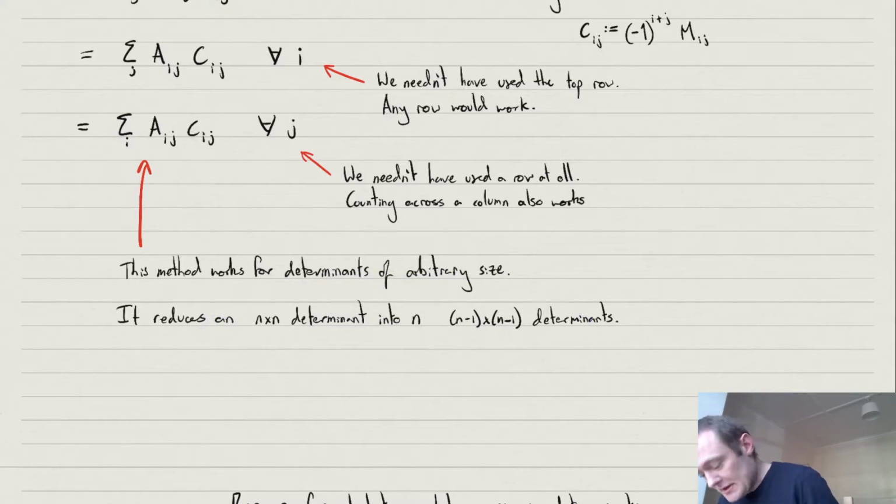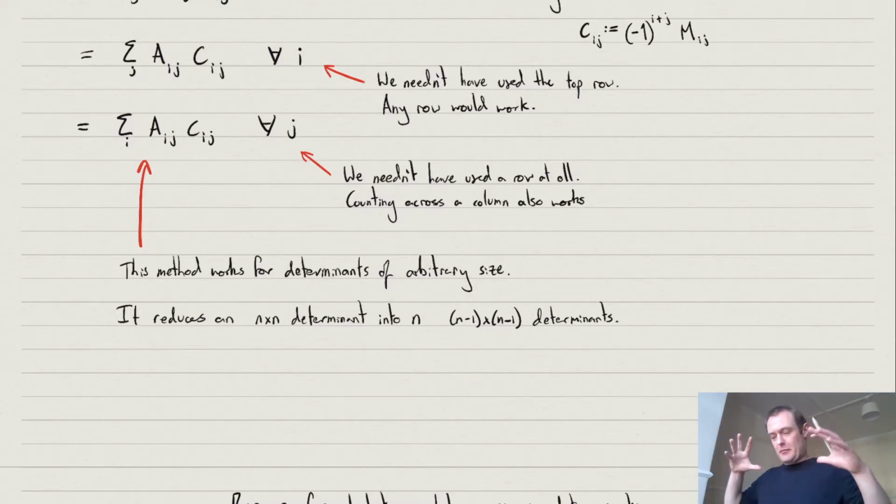So it would reduce 4D into 3D or 5D into 4D. Say you had a 10D, you could split it up into 10 9Ds and then split each one of those 9D determinants into 9 8Ds, and you can see why this would take a very long time, but you could program a computer to do this, no problem.